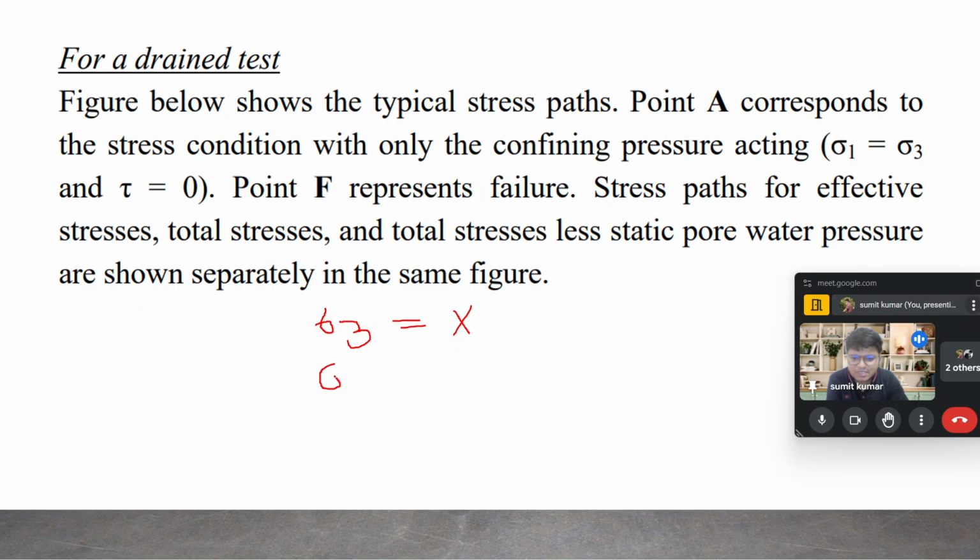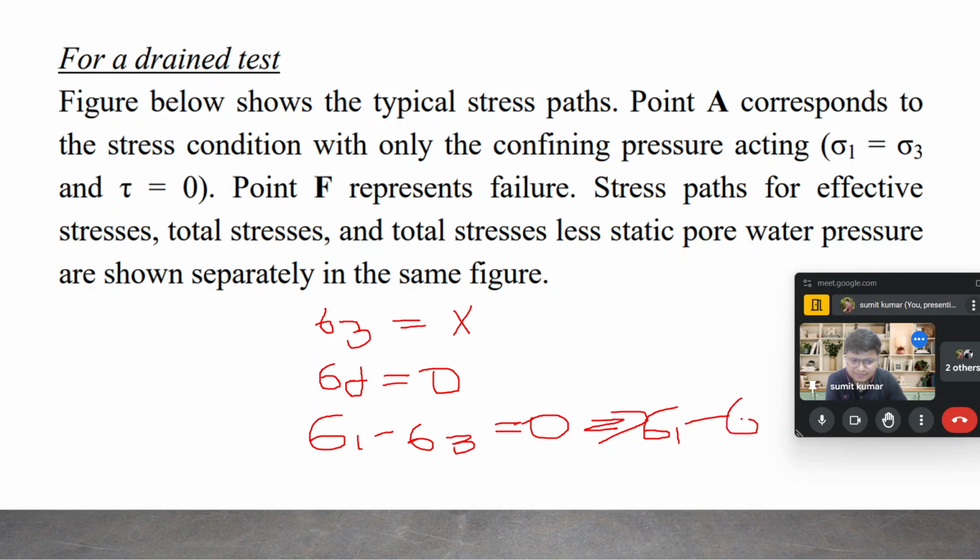Only confining pressure is acting. This means the value of sigma d is 0, which implies sigma 1 minus sigma 3 equal to 0, so sigma 1 is equal to sigma 3, right?